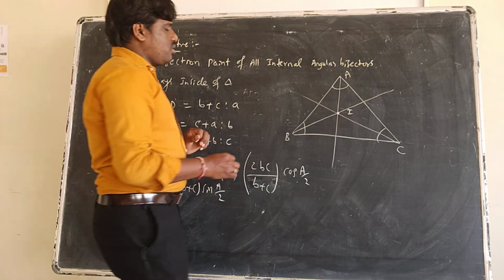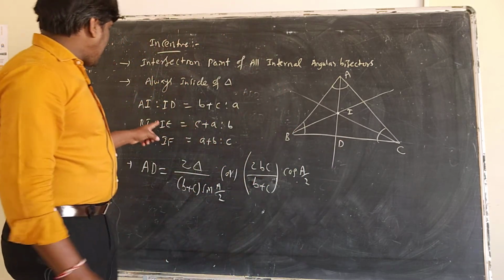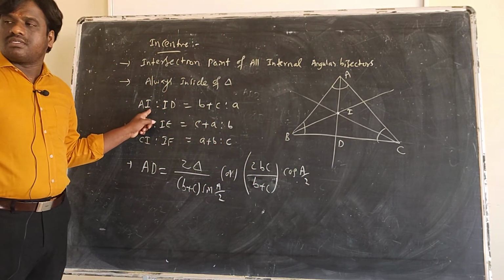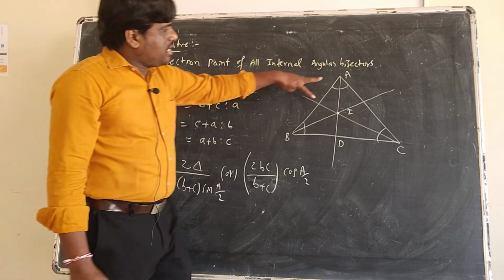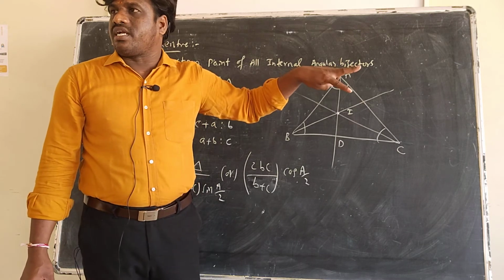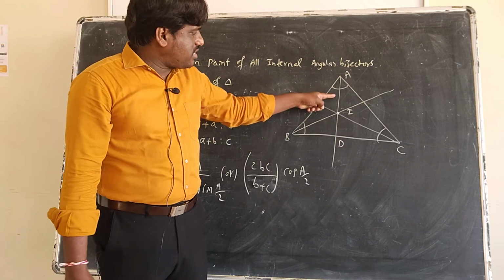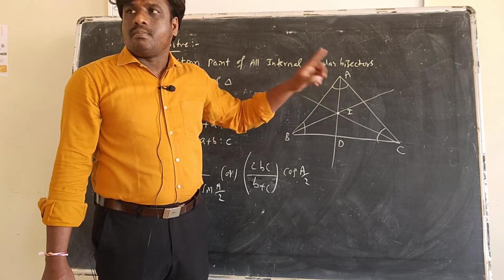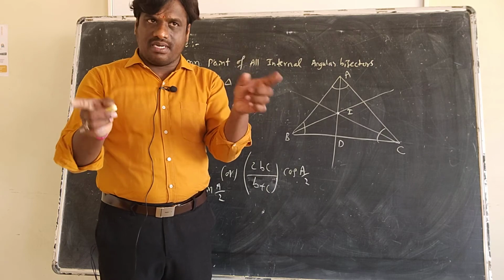Suppose this point is D. So what is the value of AI to ID? In the centroid, the median divides in the ratio 2 to 1. But the incenter is not like that. For different angles it happens in a different way.